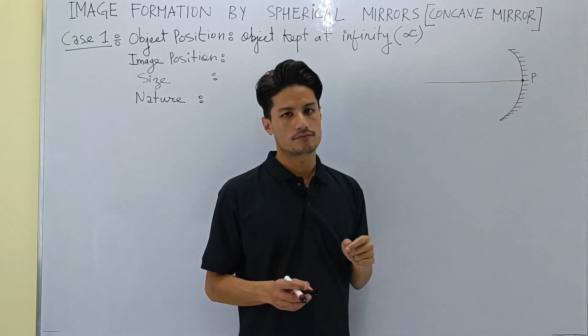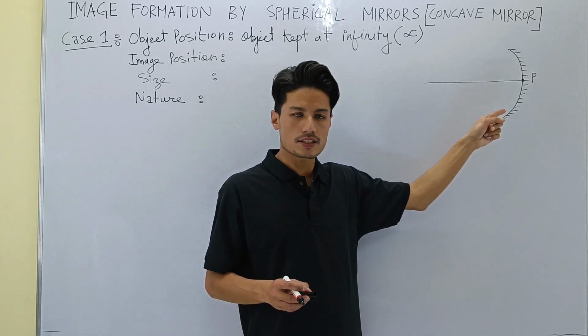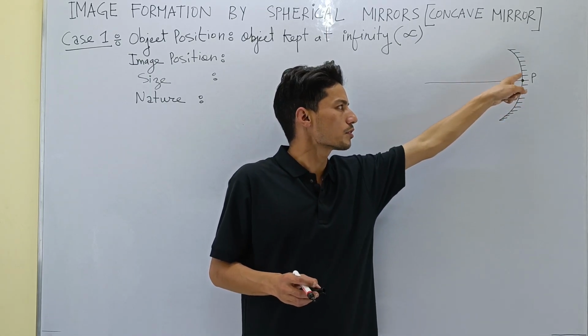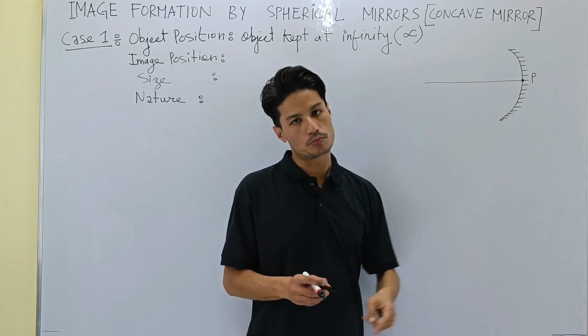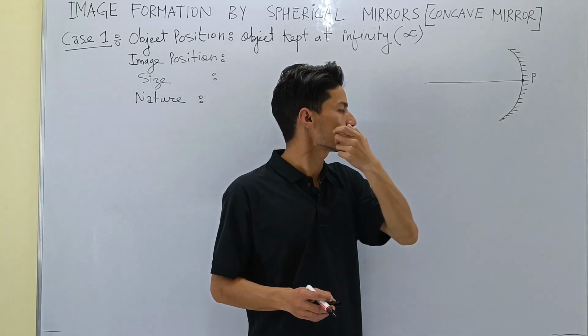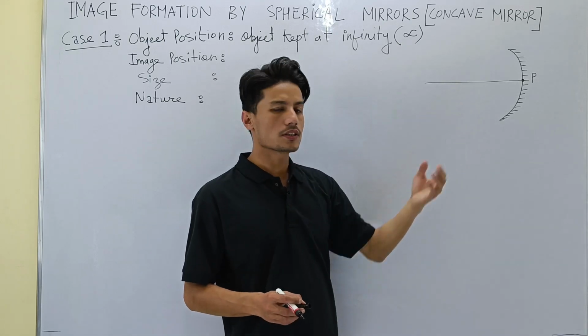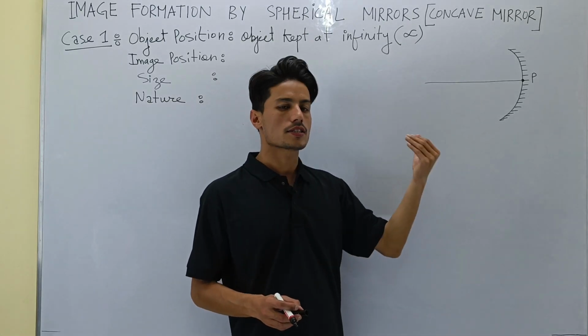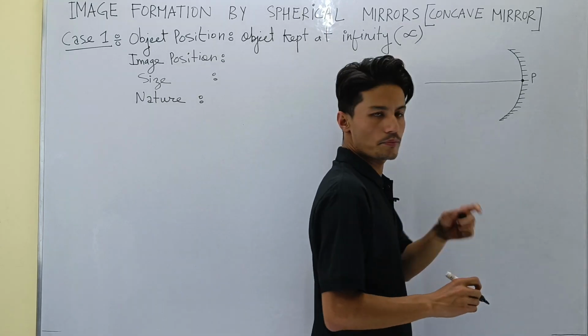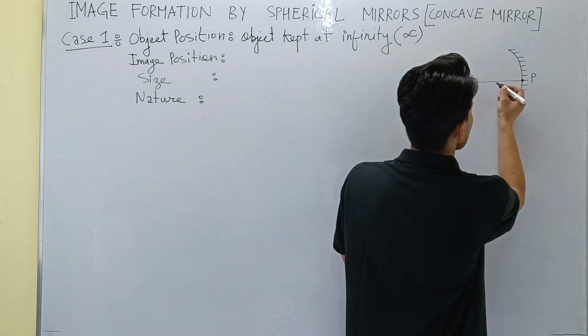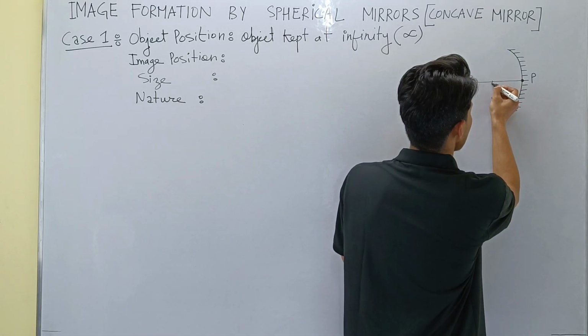Even the pole can be set, but actually the pole is on the aperture. But the principal axis touches the pole also, so we have already shown the pole. Now we will show the focus and the center of curvature. Make sure you take precise measurements. I want to keep the focus here.